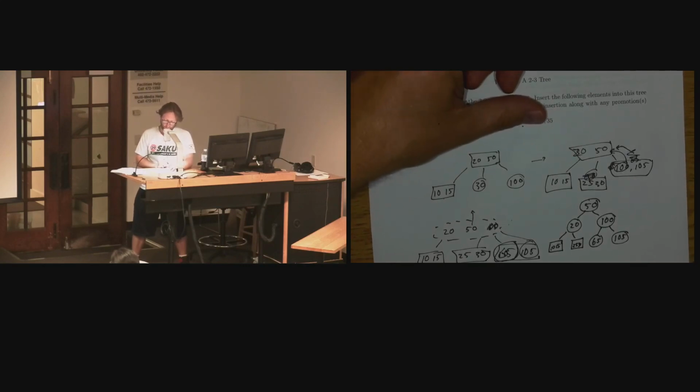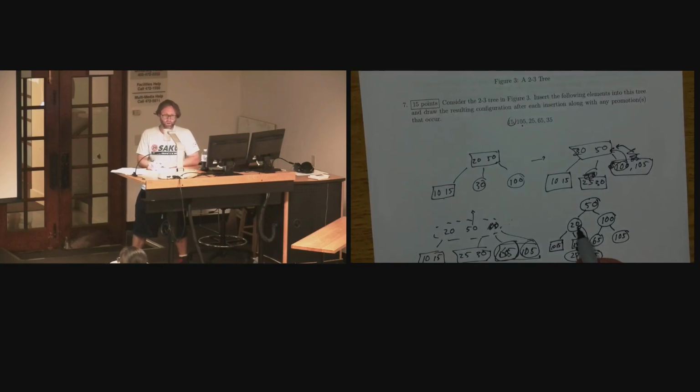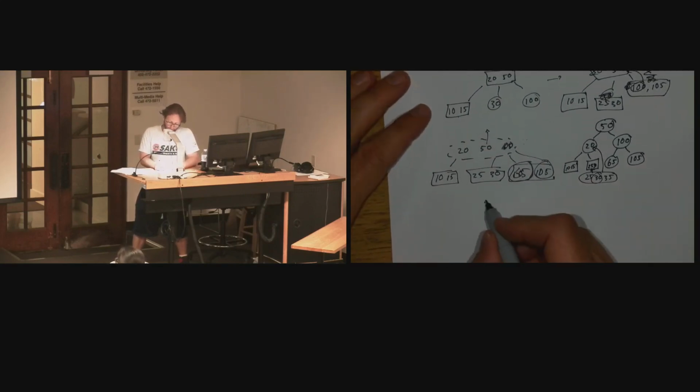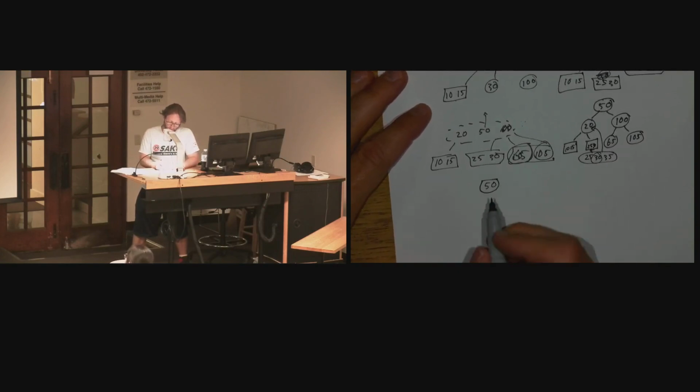That was 65. 35 is less, greater, so what happens here? This is 25, 30, and 35. So 30 gets promoted up, but there's room for it to be up here. Right? This becomes then 50, and it stops the promotion basically.